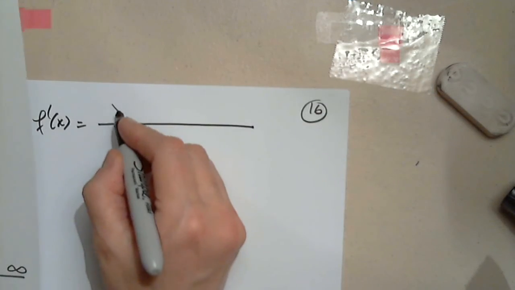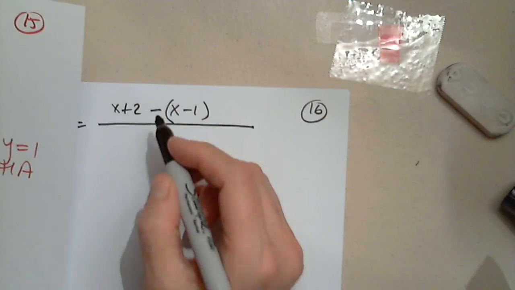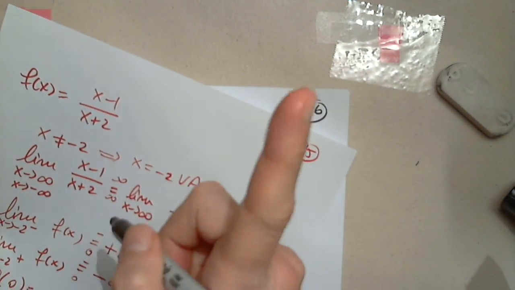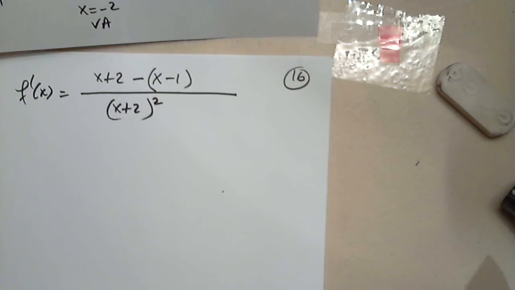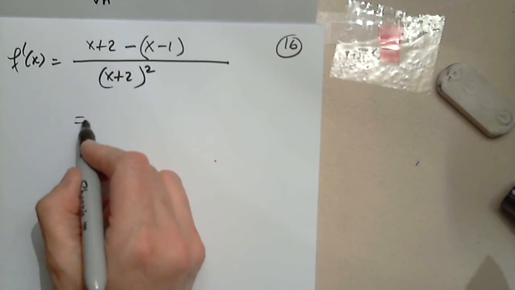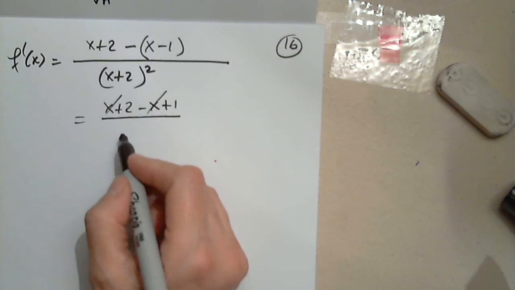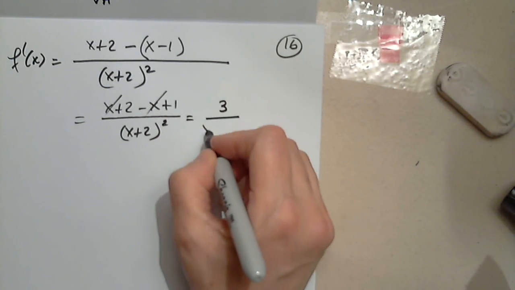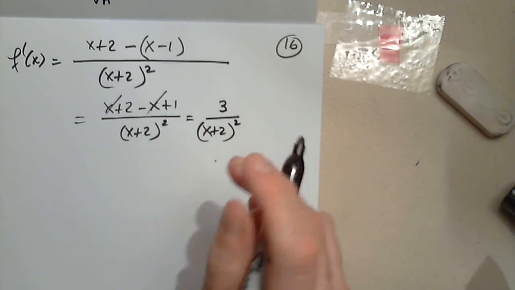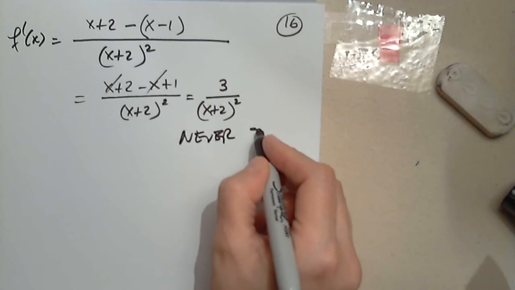The top prime is 1 times the denominator, minus the top, in parentheses, times the denominator prime, which is 1, over x plus 2 squared. Nice, because x plus 2 minus x plus 1 over x plus 2 squared is 3 over x plus 2 squared.